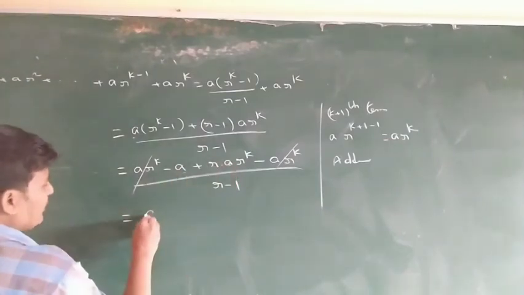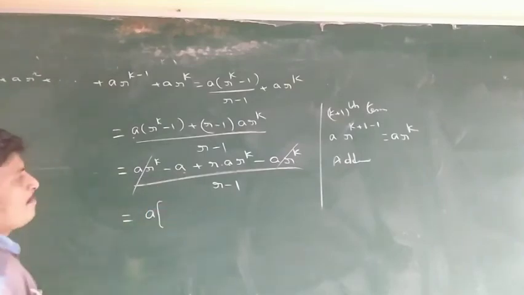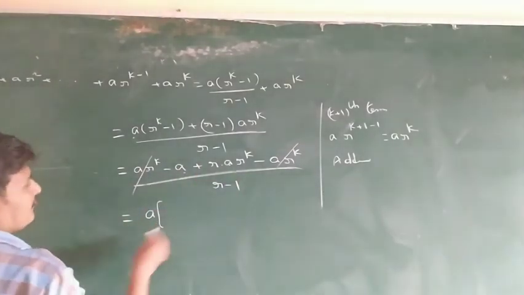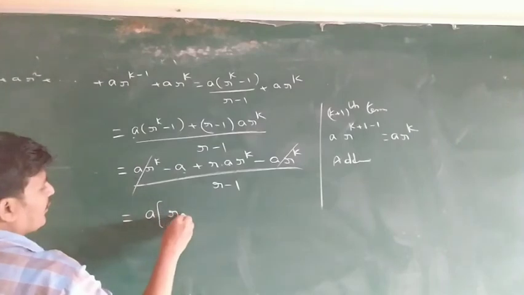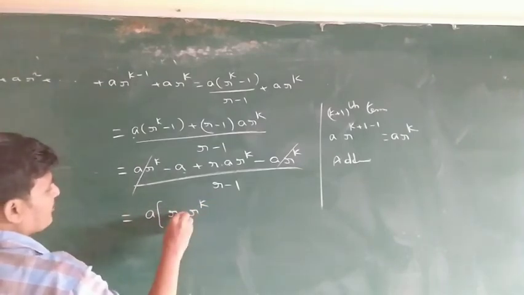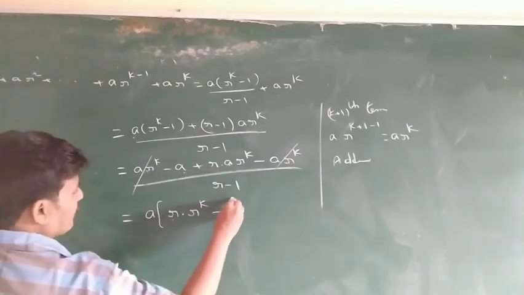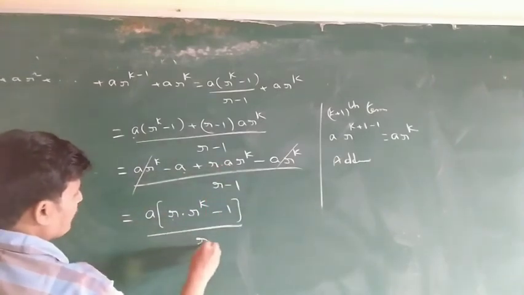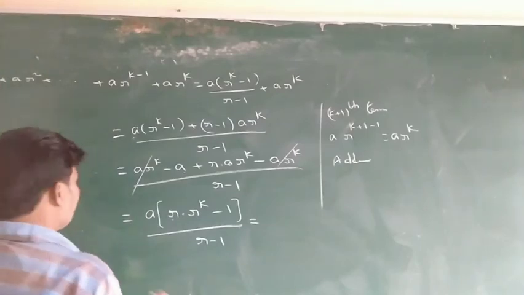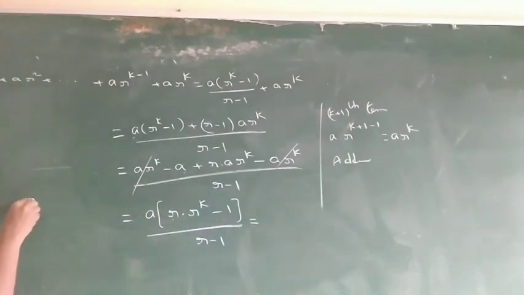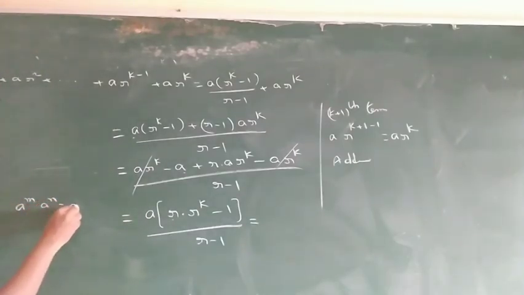a common. First one, r into r power k, by r minus 1. What is the formula? A power m into a power n is equal to a power m plus n.